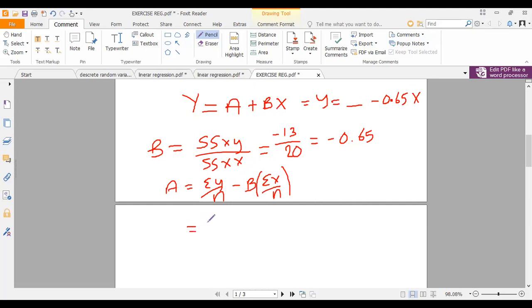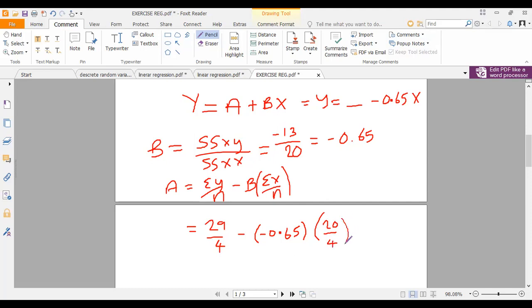What was summation of y? 29 over 4. Then the b, which we have found, negative 0.65, times summation of x, which was 20, over 4.